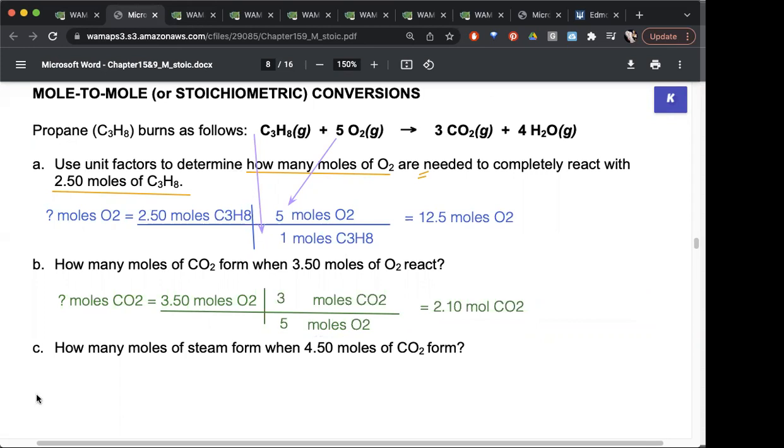And one more. Steam is water vapor, and that's what's formed here. So how many moles of H2O will form at the same time that 4.50 moles of CO2 will be formed? Again, we're referring back to that chemical equation up at the top, canceling out moles of carbon dioxide and going to moles of water.